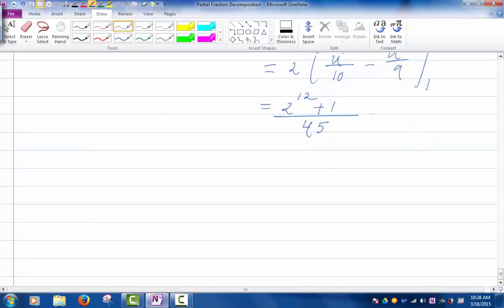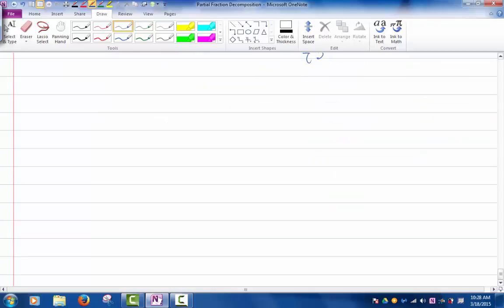All right, so another example. Let's say I have the integral of 3x squared minus 2 divided by x squared minus 2x plus 8 dx. Okay, so what should I do here?